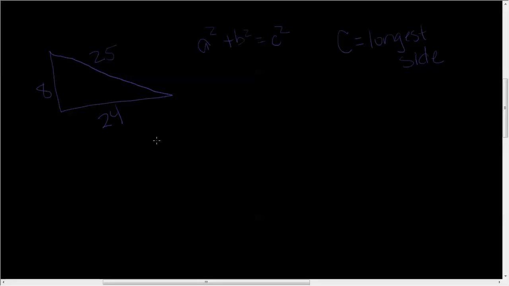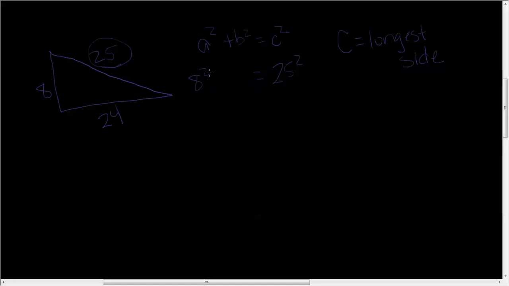So, if we don't know where the right angle is, if there is indeed a right angle, we don't know that yet, we can still claim that c is this one because c is always the longest side. So that's what I'm going to put in for c. And a and b don't matter.